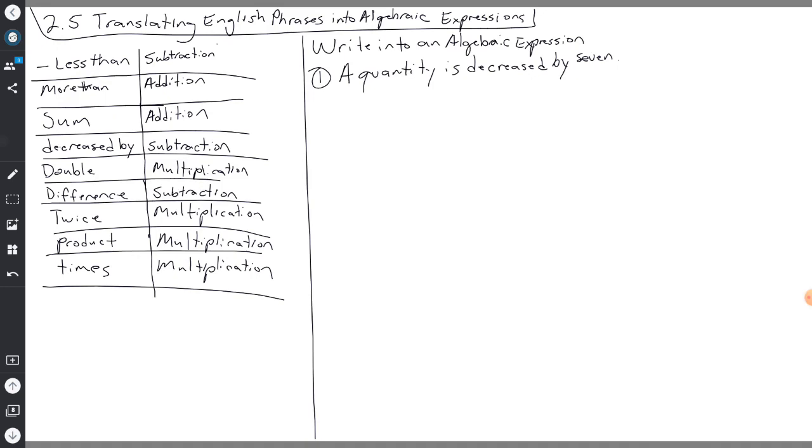So here we have this English phrase, a quantity is decreased by 7. And we want to write that into an algebraic expression.